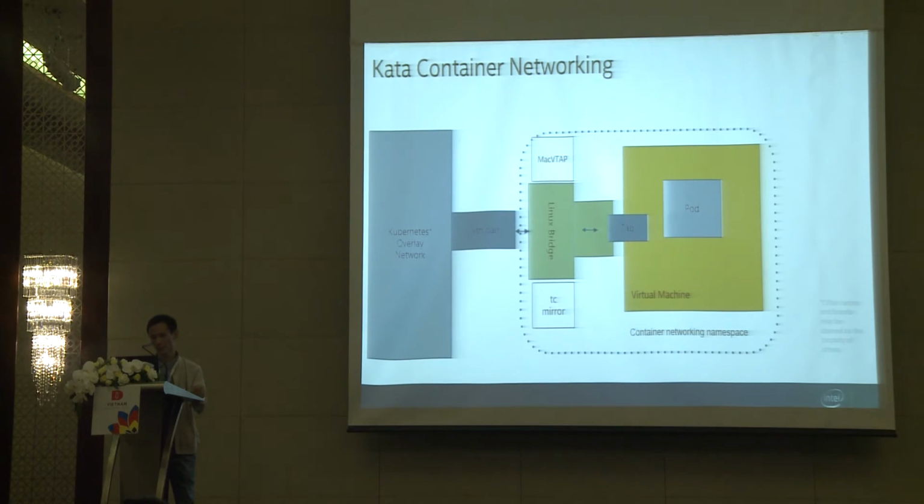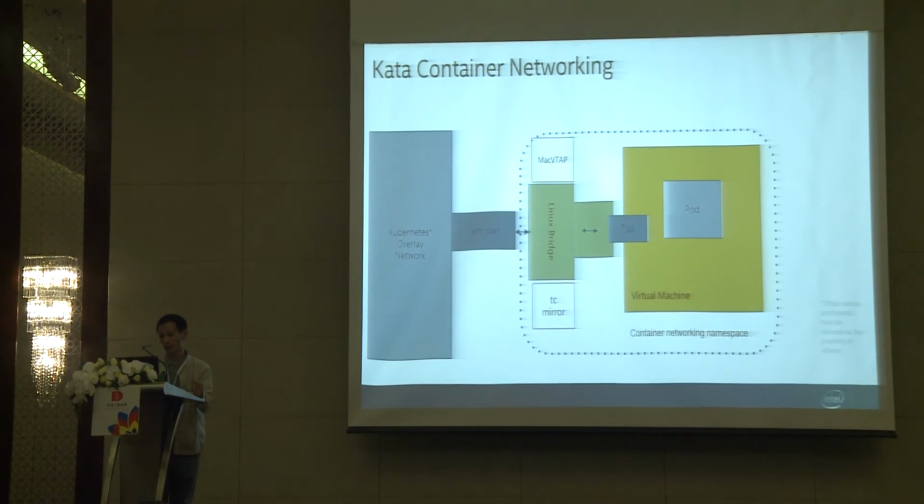On the right side is Kata container network. Kata container leverages a virtual machine, and the virtual machine exposes a virtual network device. It's a tap device. So the tap device of the virtual machine cannot be connected directly with the veth pair.